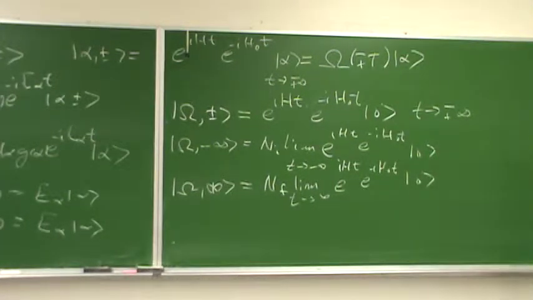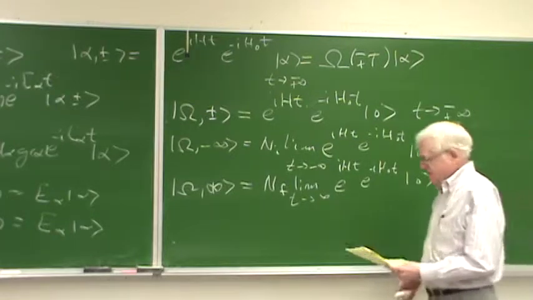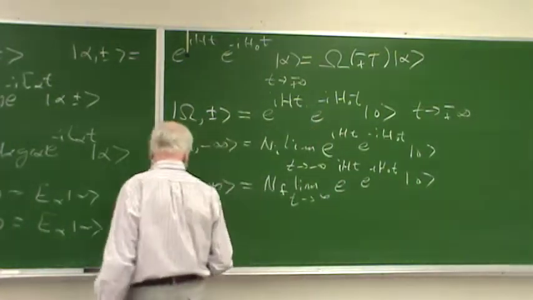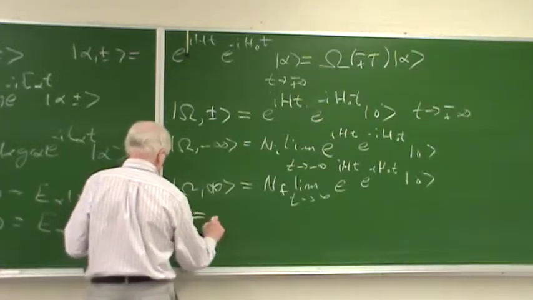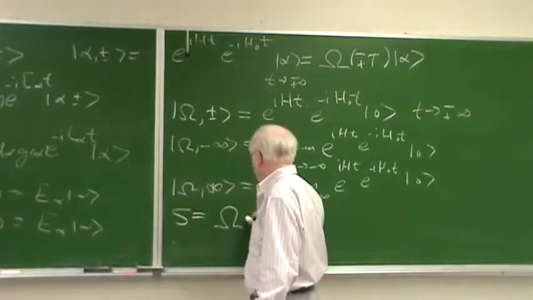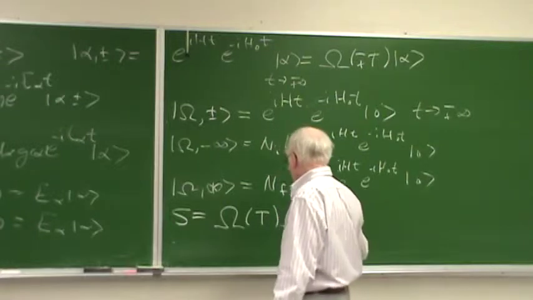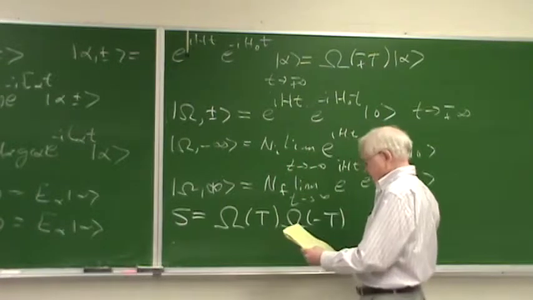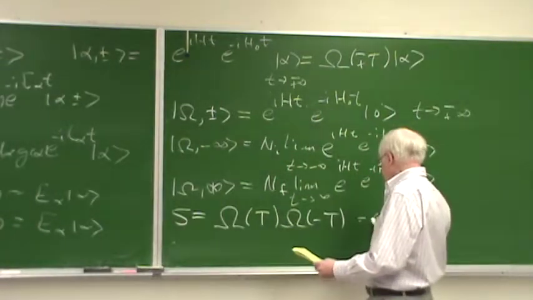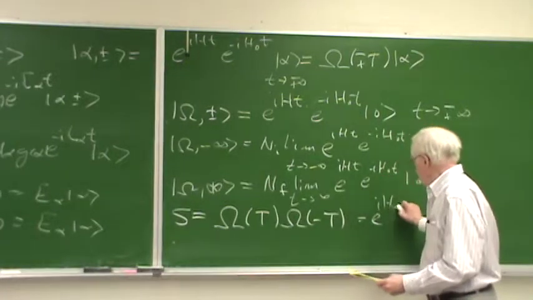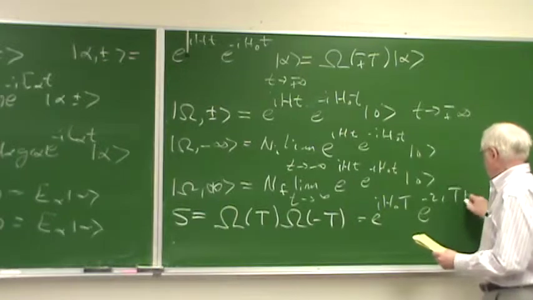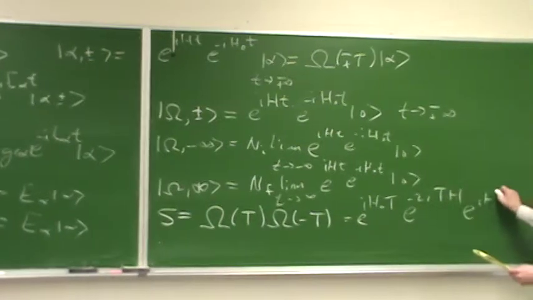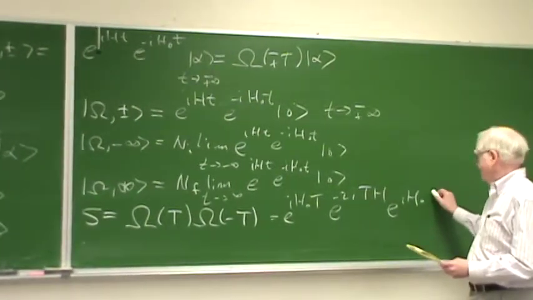And another way of thinking of this is that basically the S matrix is omega big T, omega minus big T, and this is e to the iH0T, e to the minus 2iTH, e to the iH0T.